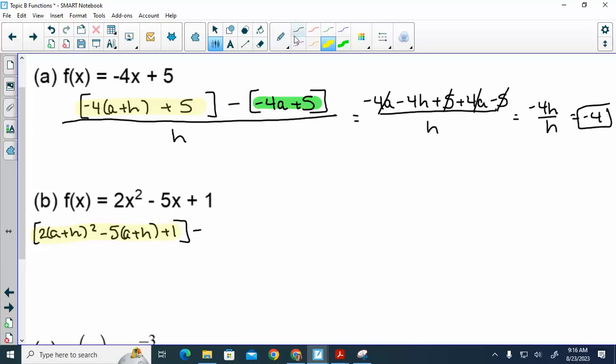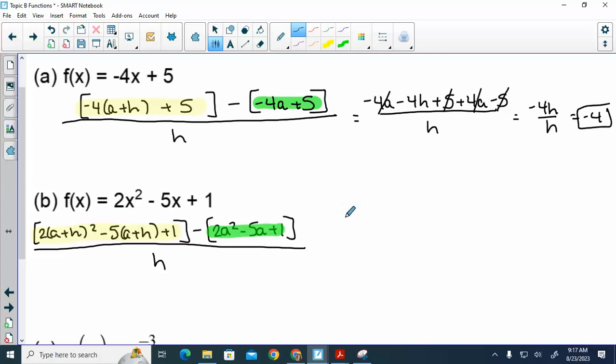Minus f of a is always nice, you're just replacing the x with an a. Over h. So now we have to multiply this out.